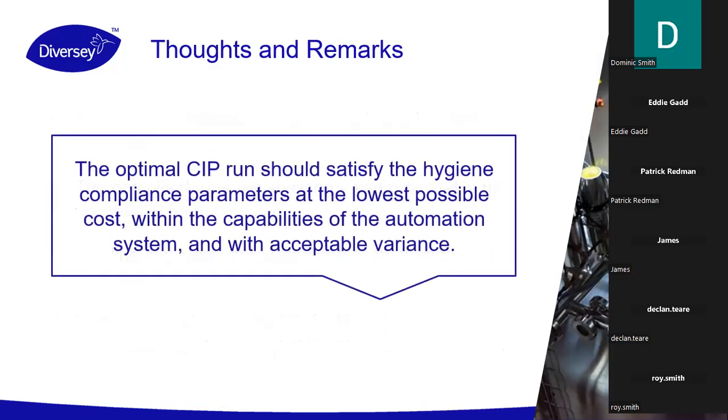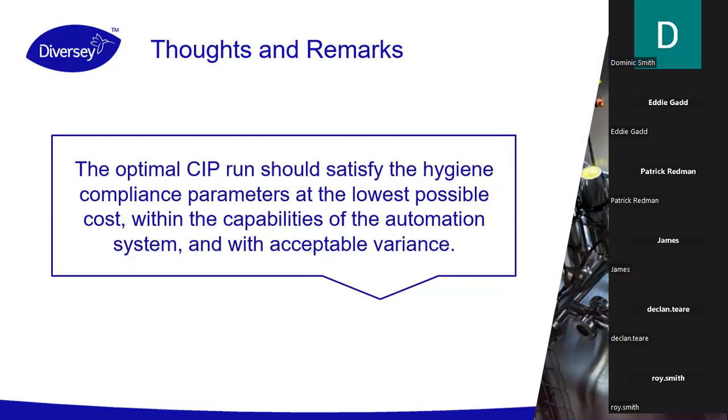Because an optimal CIP run should satisfy the hygiene compliance parameters, but at the lowest possible cost within the capabilities of the automation system and with the acceptable variance that you can get with it. Because as we said before, those graphs are from the same CIP set, cleaning the same objects, but we're comparing 971 cleans with each other. And that's why you can see the differences.